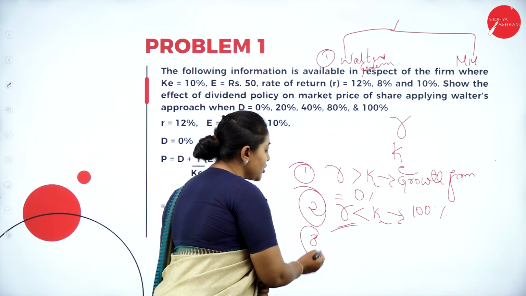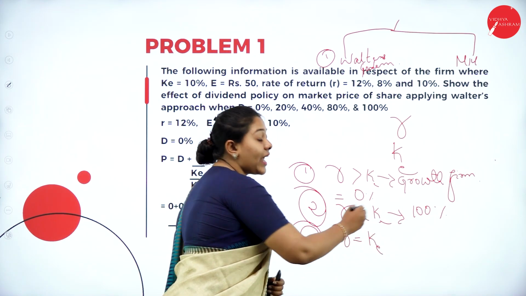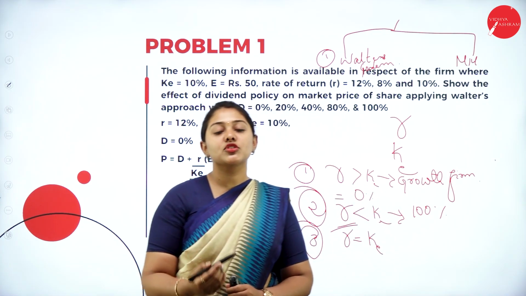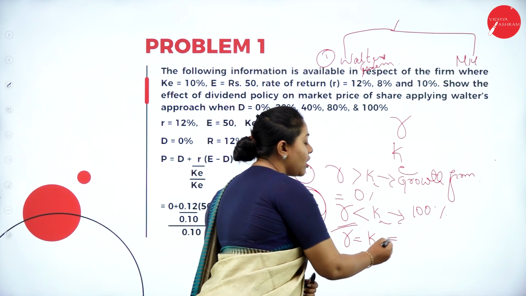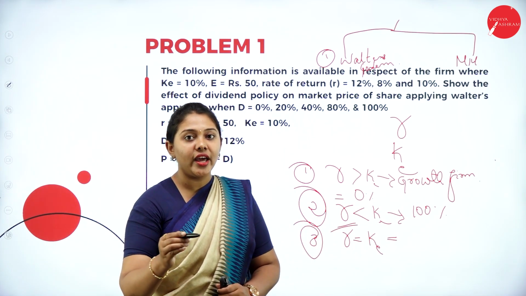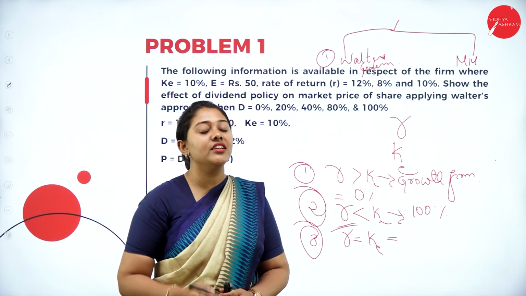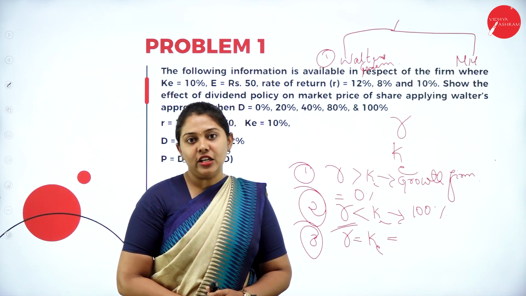And the other situation is when the return is equal to the cost of capital, or the cost of equity. Then the dividend decision, or the price of dividend issuing, will not affect the value of the firm.